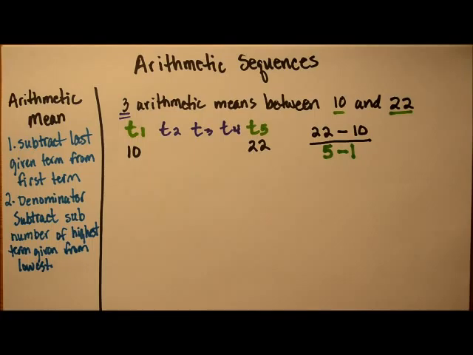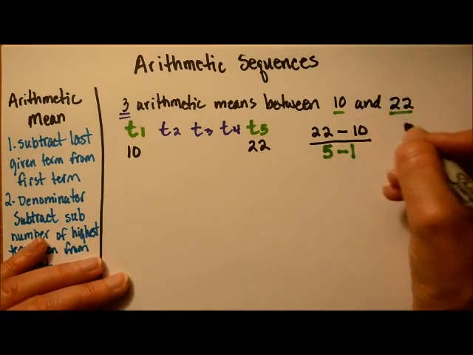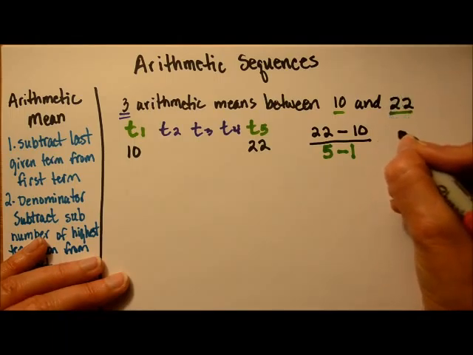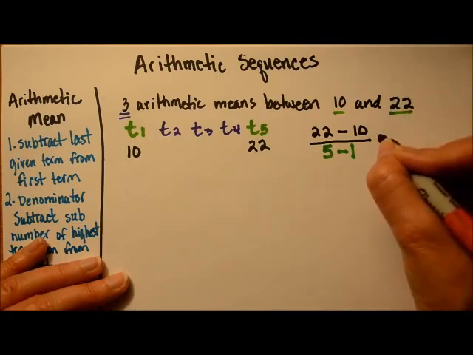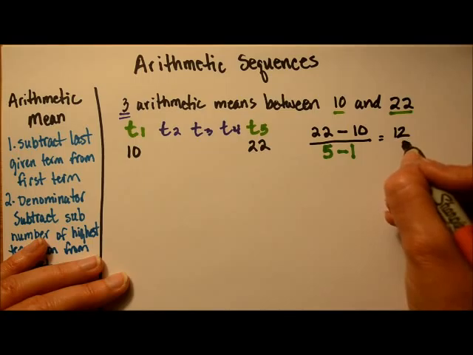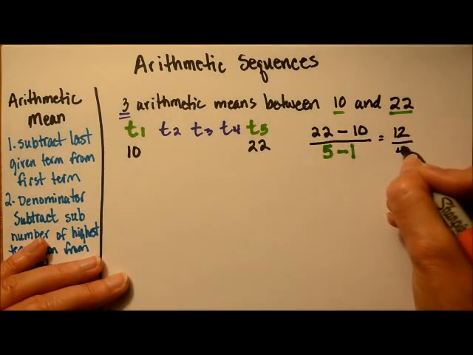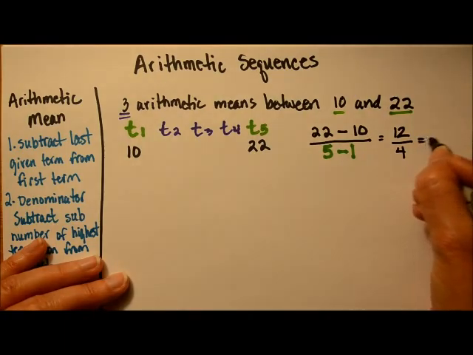All right, 22 minus 10 is 12. 5 minus 1 is 4. I can reduce that, and I have 3.